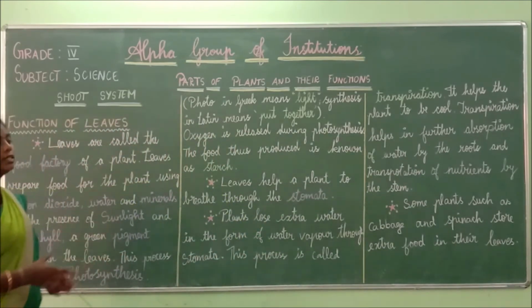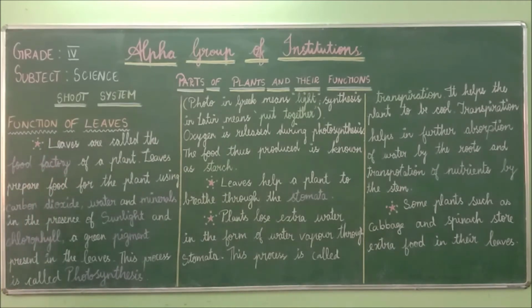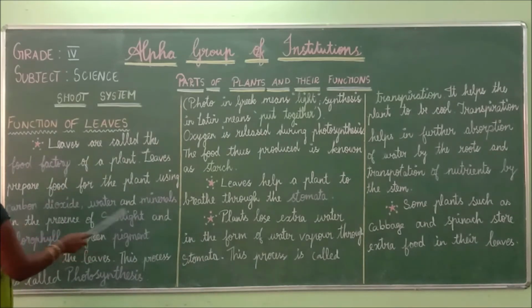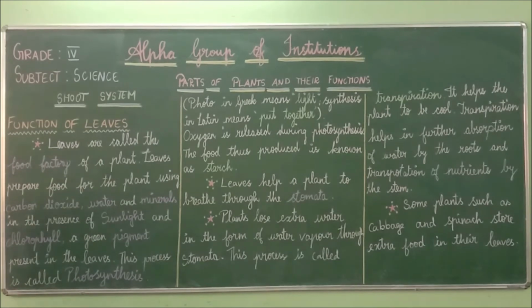Shall we recap it once again? Functions of leaves. Leaves are called the food factory of a plant, and photosynthesis is done with the help of carbon dioxide, water and minerals in the presence of sunlight. Don't forget, in the presence of sunlight and chlorophyll, a green pigment in the leaf, they all get together and prepare food.